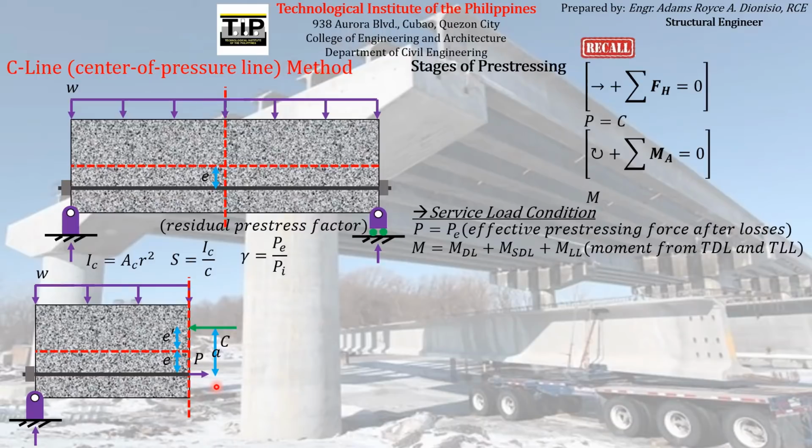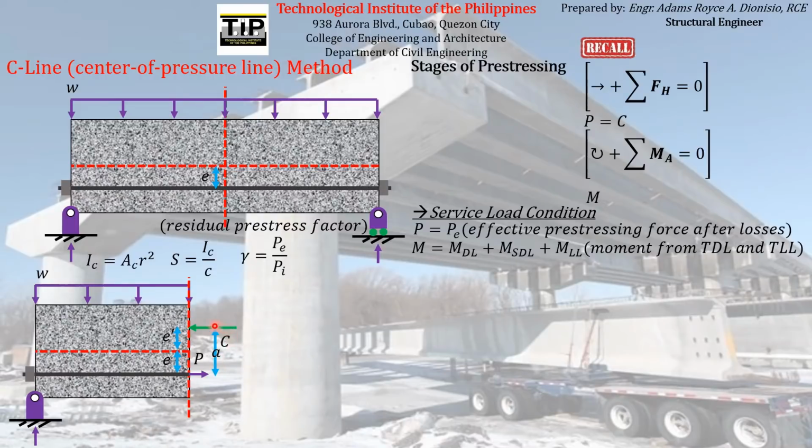A couple has a zero resultant, but it has a resultant moment, called the couple moment, which has a magnitude equal to the product of the magnitude of either of the two forces and the perpendicular distance between them, which in this case is the distance A.